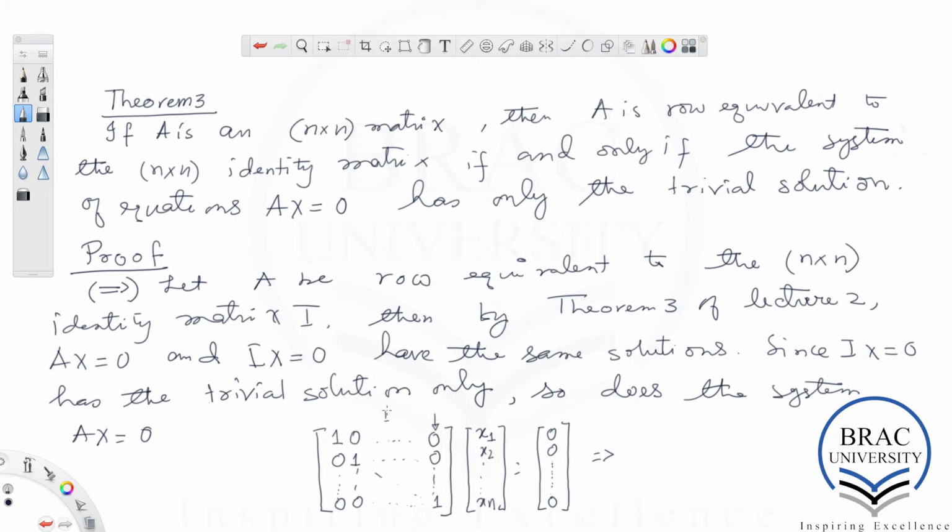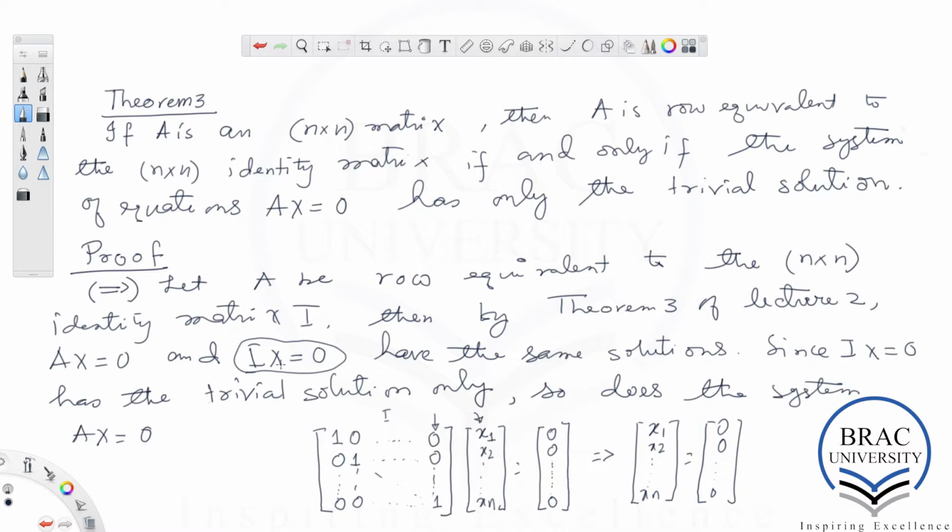If you multiply this identity matrix with this vector, you get the vector back, and you set it equal to the zero matrix, which means that you only have the trivial solution of this system.